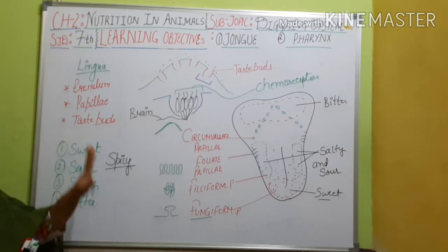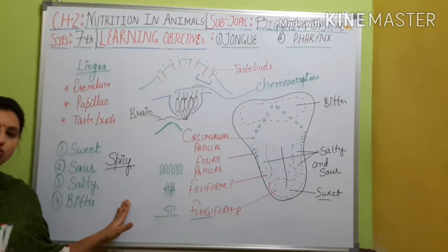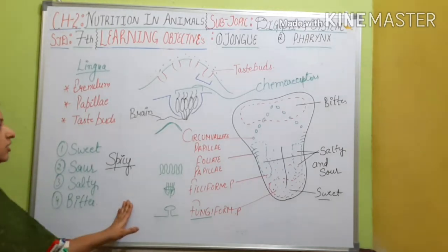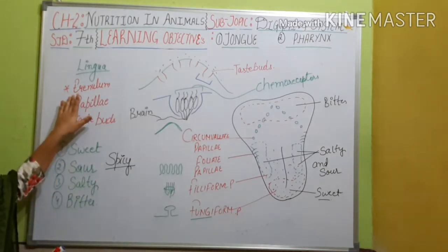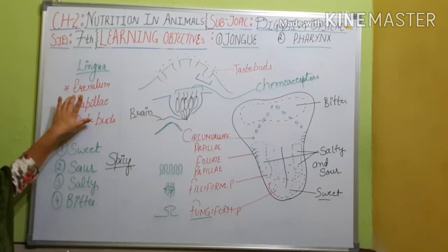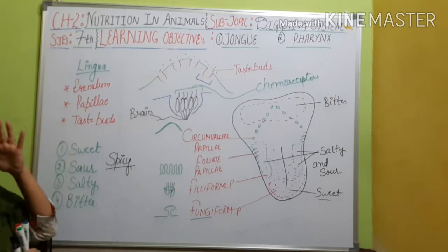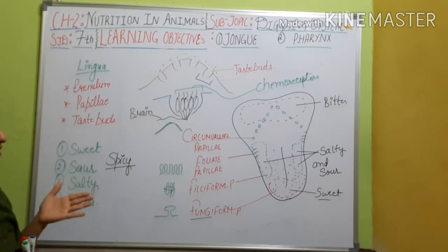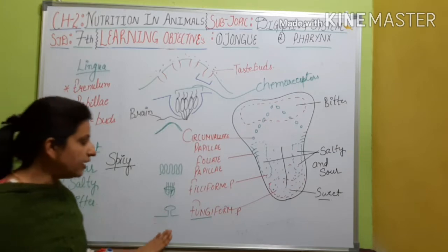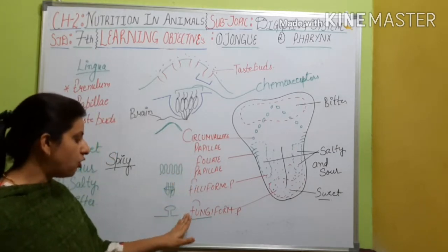So this is all about the basic structure of the tongue which is present in our mouth. It is a highly muscular organ, and it is attached to the buccal cavity with the help of a slit called the frenulum, and it has a number of tiny projections on it. They are called the papillae. Actually, the papillae have thousands of taste buds in them, and here you can see the different types of papillae: the circumvallate, the foliate, filiform, fungiform.